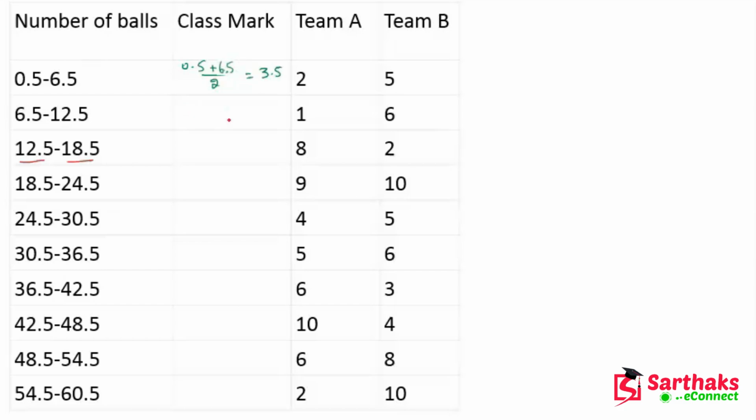Similarly, we get 9.5, 15.5, 21.5, 27.5, 33.5, 39.5, 45.5, 51.5, and 57.5.